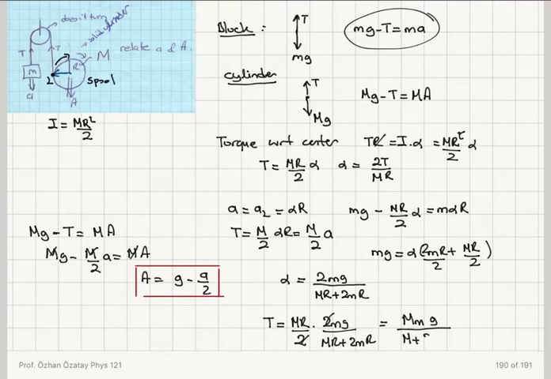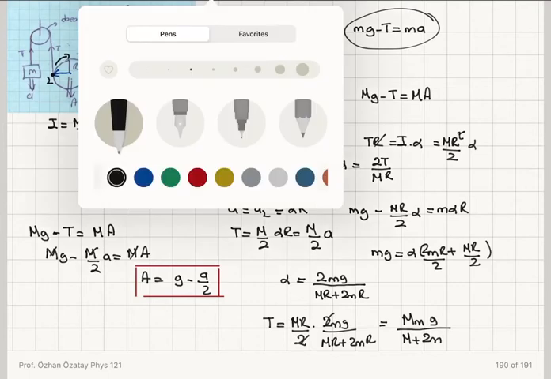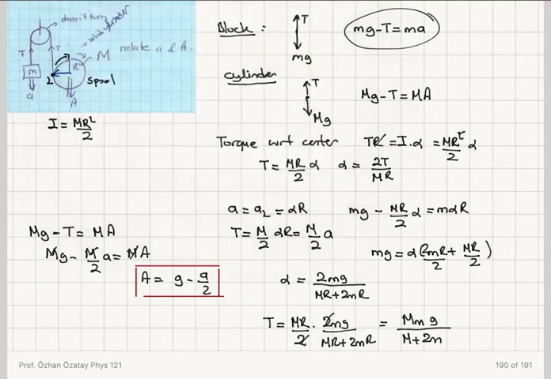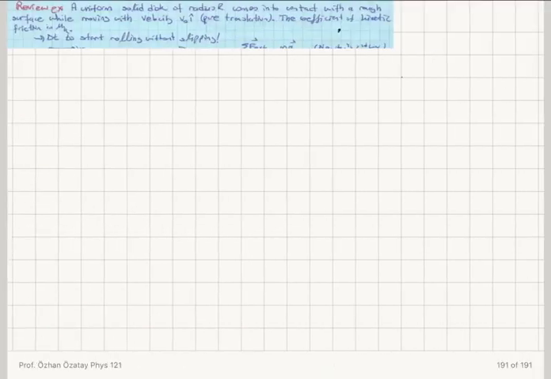It's going to be equal to capital M small m g divided by capital M plus 2 small m, because the R's will cancel. So let's demonstrate that here. I have too many R's. They will cancel. So this will be the tension. Okay, but this was the question that was asked.